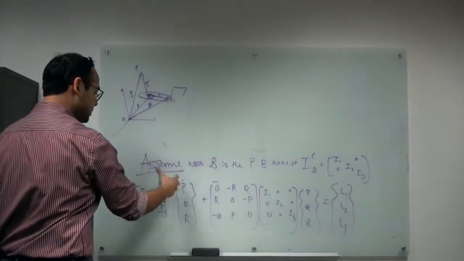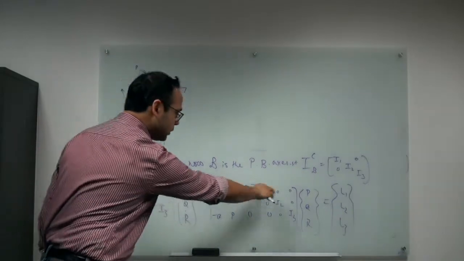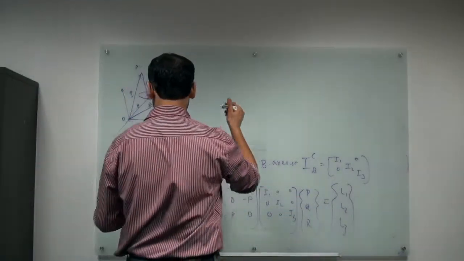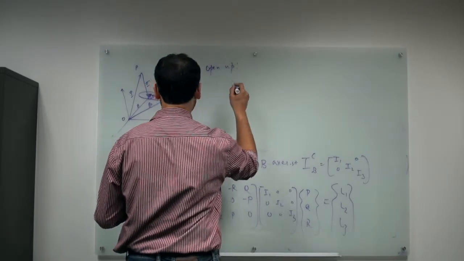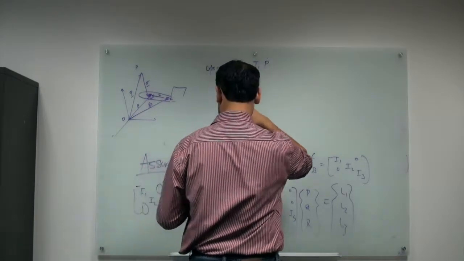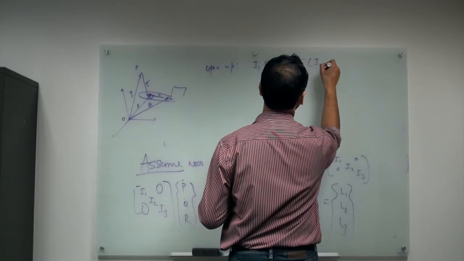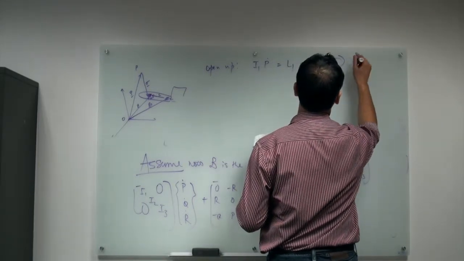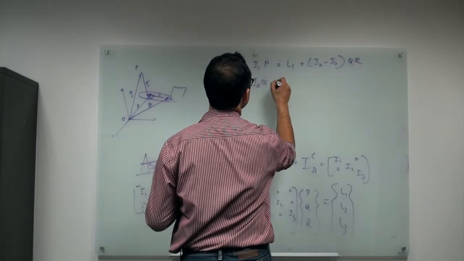As you can see, things are easy now because this is a diagonal matrix, so there are a lot of zeros in the multiplication. So when you do that, here's what we get. So open this up, and we get I1 P dot is equal to L1 plus I2 Q dot.